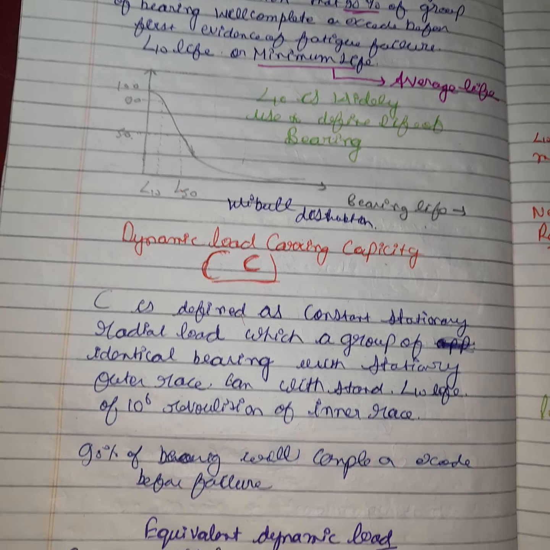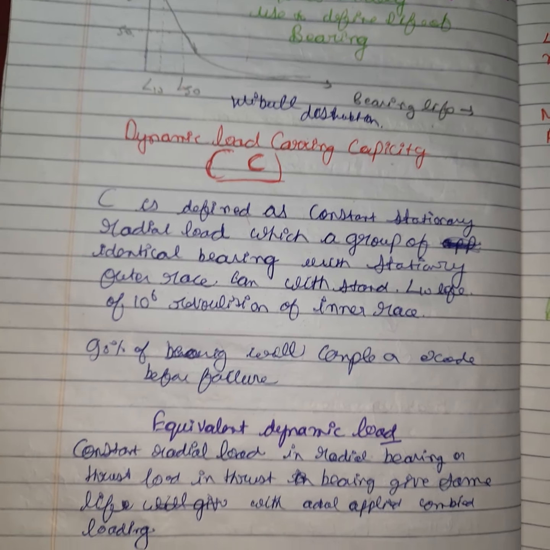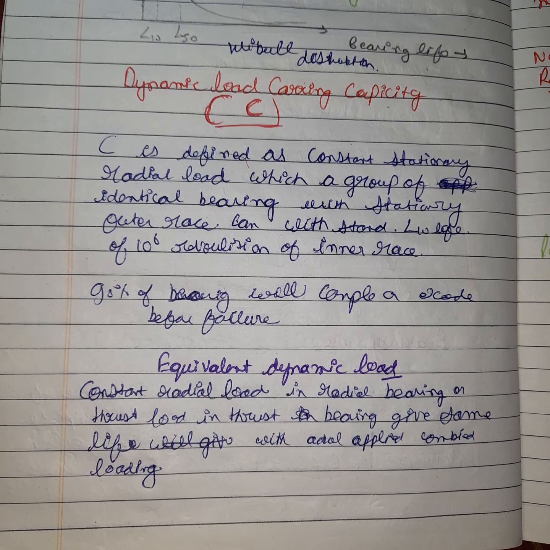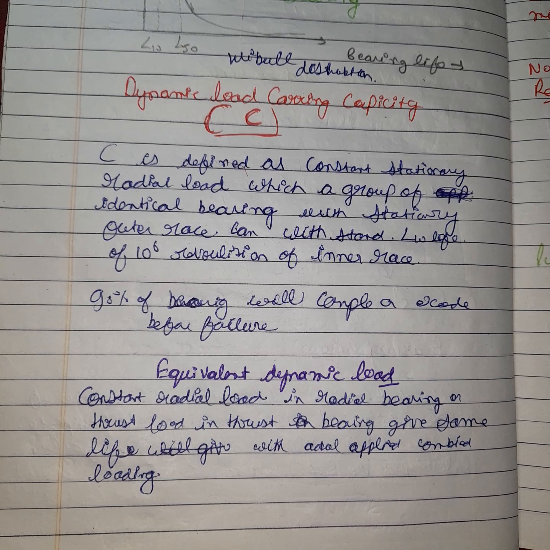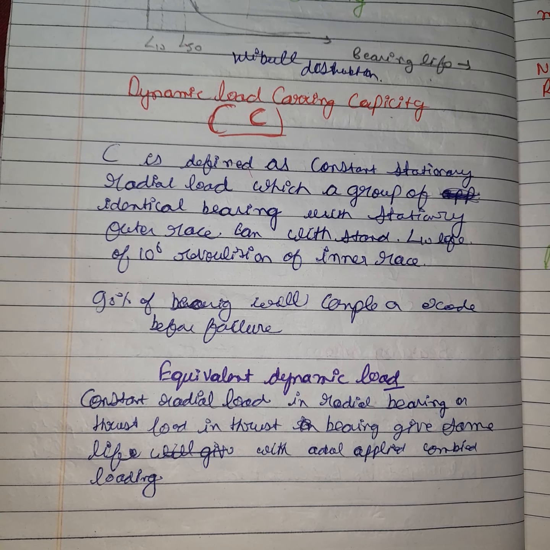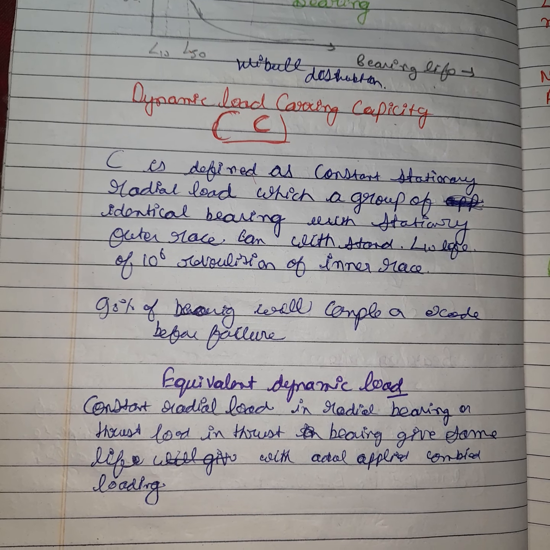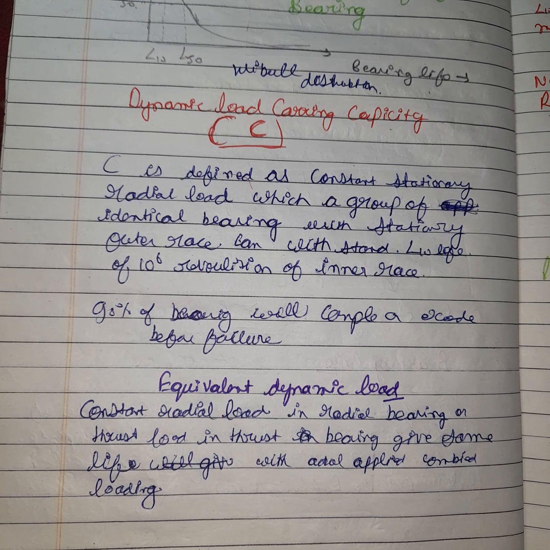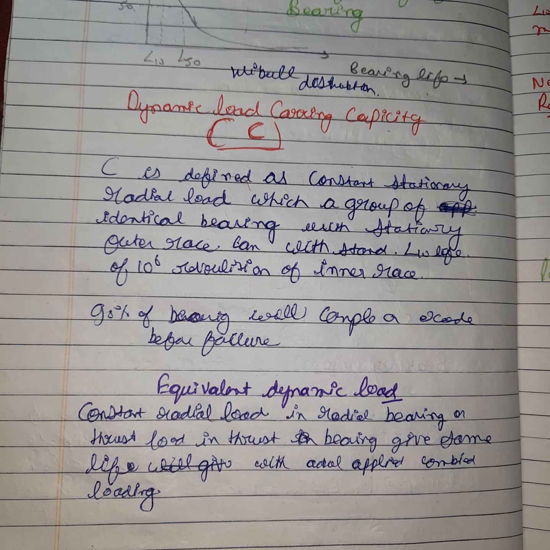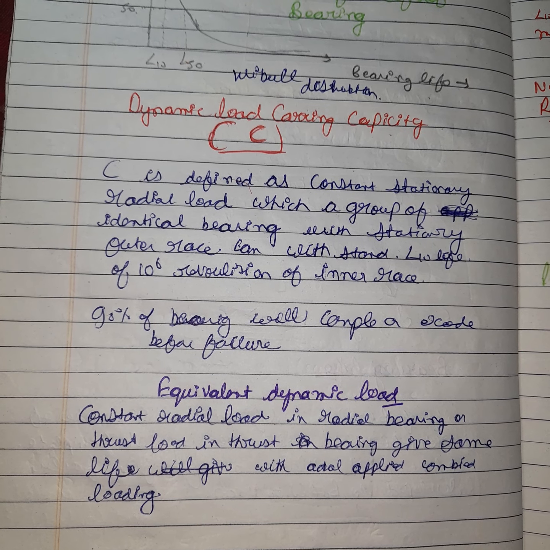Now we go to the next topic, equivalent dynamic load. What is equivalent dynamic load? It is a constant radial load in a radial bearing, or the load in a thrust bearing, that gives the same life as the actual load applied.